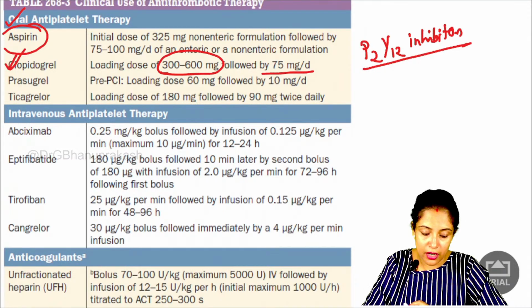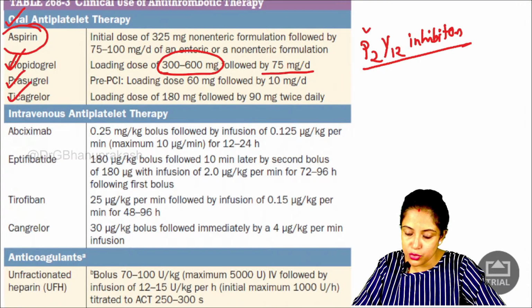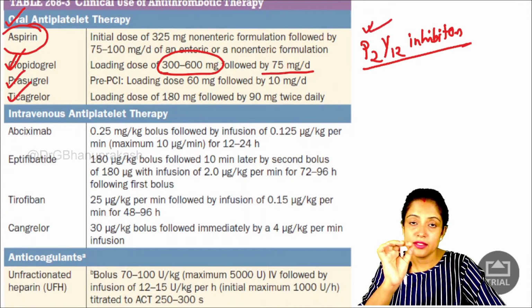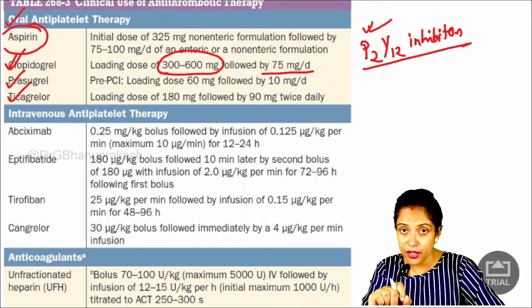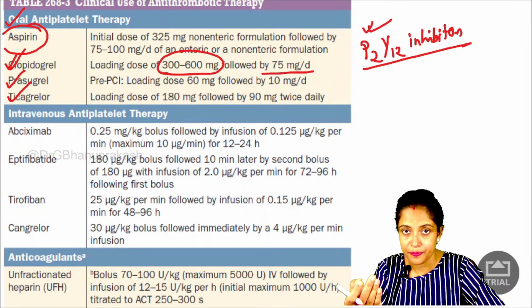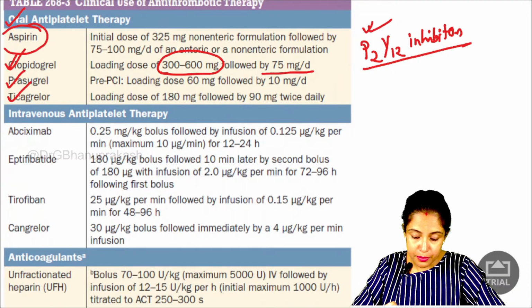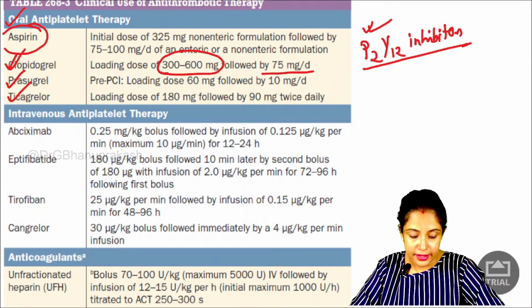Prasugrel and ticagrelor are also the same group of drugs, that is P2Y12 inhibitors. These two drugs are usually used in patients who are to undergo PCI. So before PCI, a loading dose is given, and after PCI also it is continued.